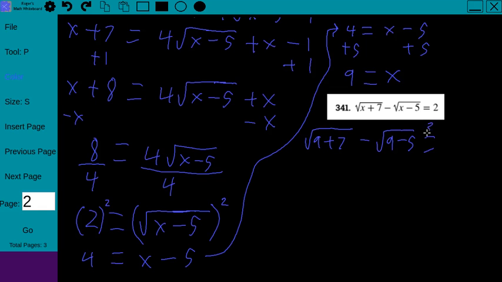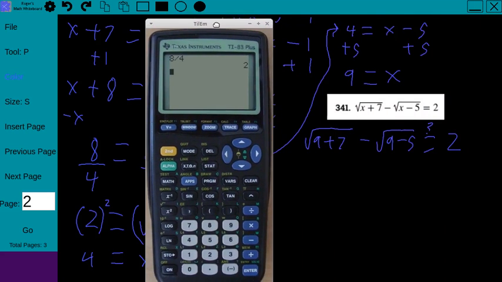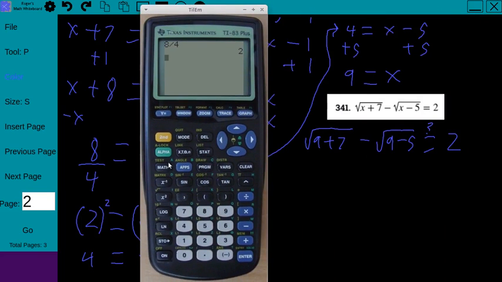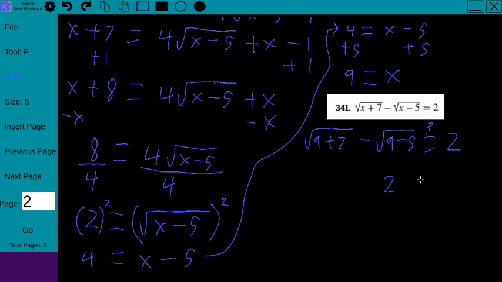Does that equal 2? And our calculator here can help us figure that out. So square root of 9 plus 7 minus square root of 9 minus 5. That does in fact come out to 2. Okay, so we get a true statement here.